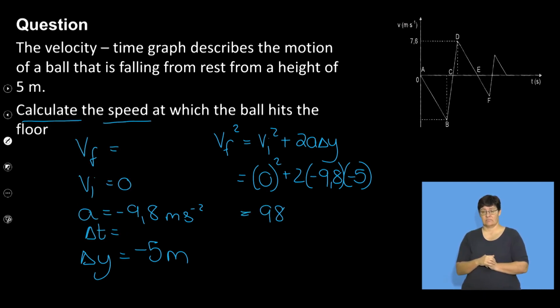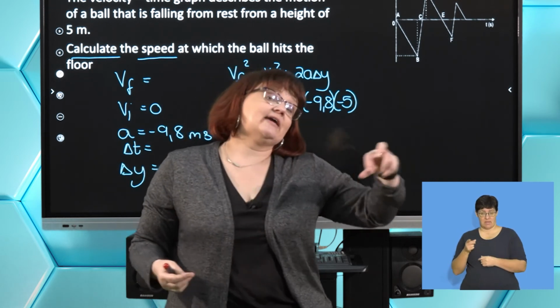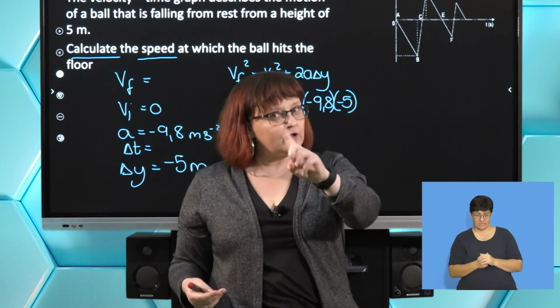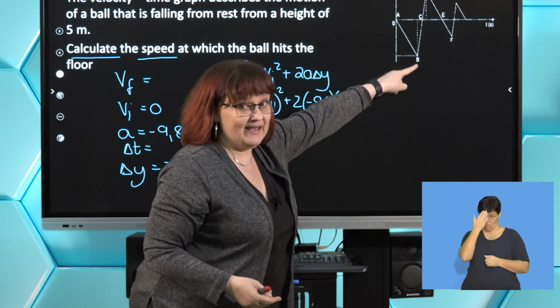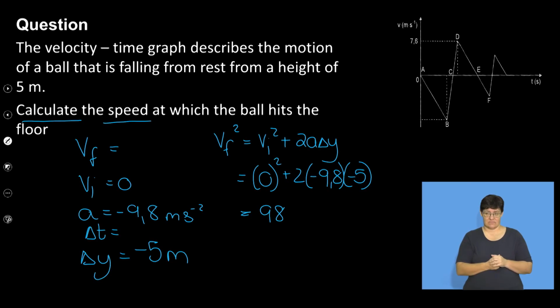Okay? I need to take the square root of this. You know from maths that when you take the square root of a number, you can either get a positive value or a negative value. We've got to look at this carefully because we know it has got to be a negative value. And they actually just wanted the speed.